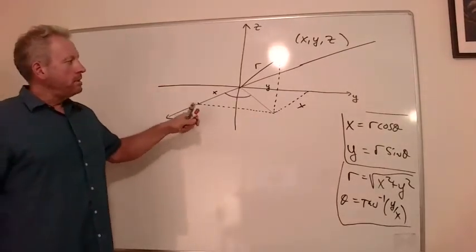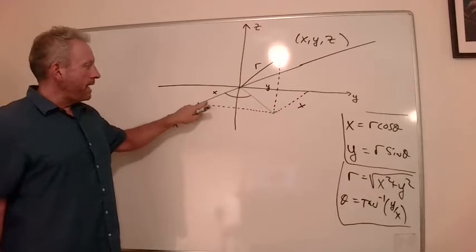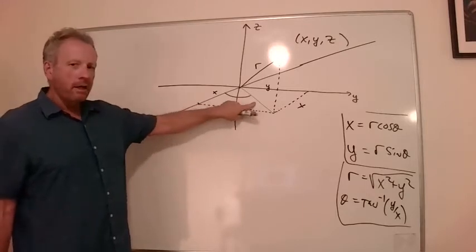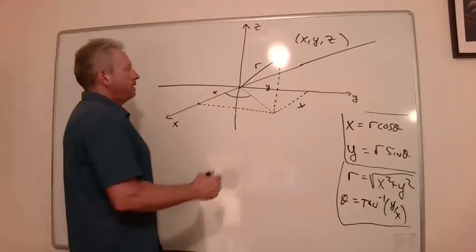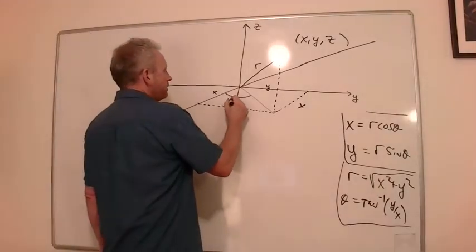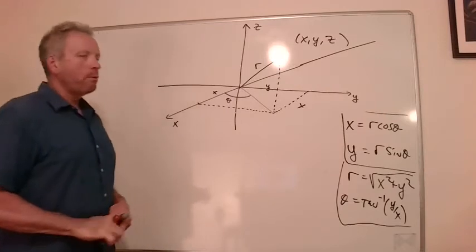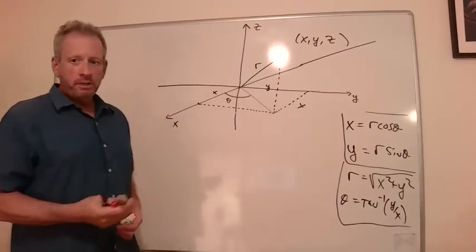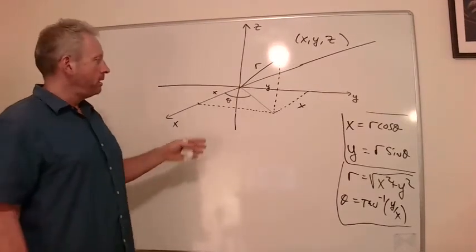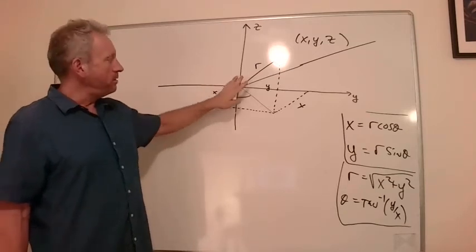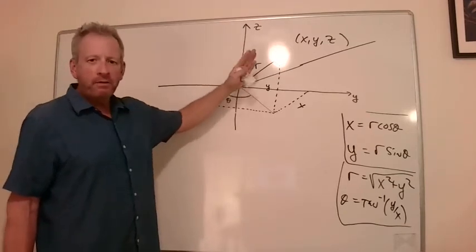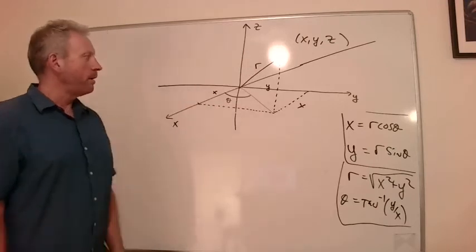That angle is the angle between the x-axis and this diagonal line, and all of that happens in the xy plane. And I'm going to call that theta. And if you remember what we just did with 2 dimensions, the xy coordinate system, that really is staying the same. In a sense, r is the same, although we're up out of the xy plane, but this angle right here stays the same.